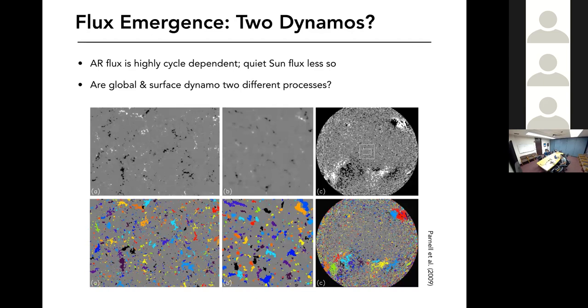Matthias in the first part of the lecture talked extensively about the theory of dynamo. Okay, so when it is actually in action, what we can observe, mostly in the photosphere, are maps like this. Here are 3 examples. On the first row, on the left, I think it's the Hinode SP data of the quiet sun.